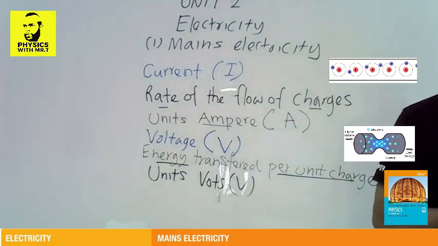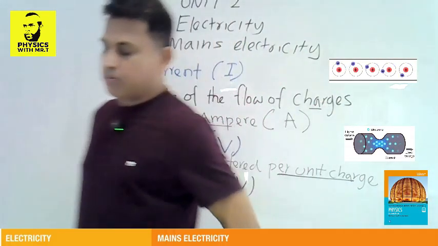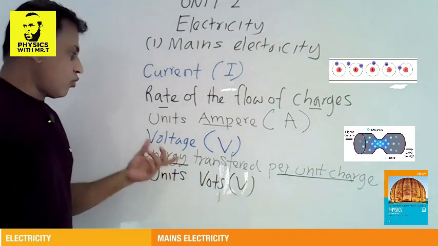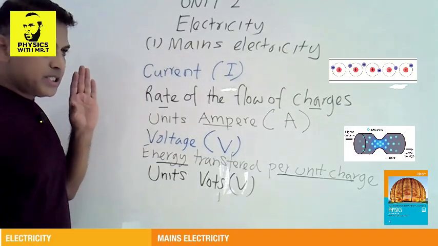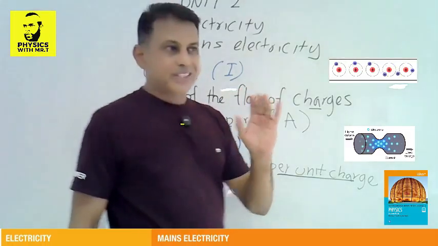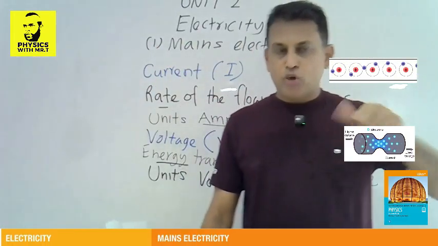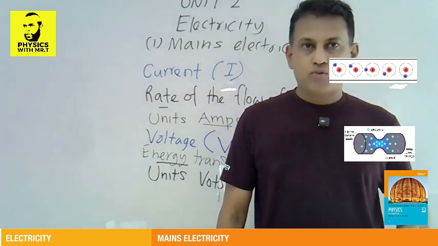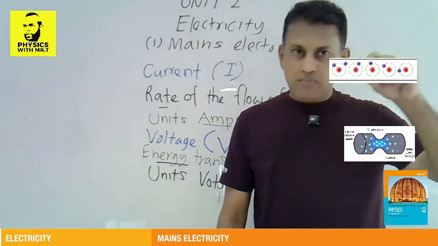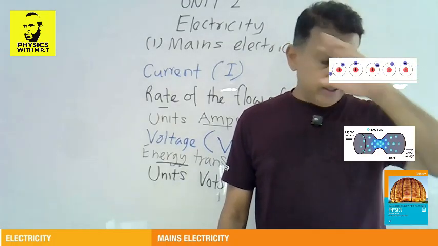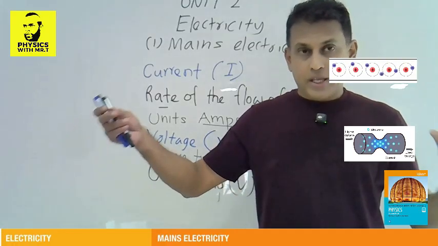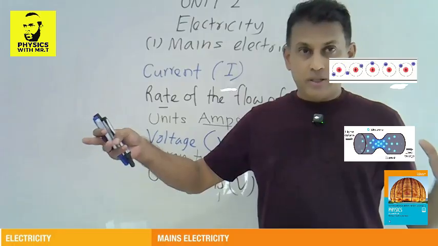Basically we can understand both concepts, the current and voltage. The current is a flow of charges. Just consider the tap and the pipe. When you open the tap, the water starts to flow. Consider water as electrons and the pipe as the medium, and voltage is the pressure difference between one point and another point. The higher the pressure, the higher the water flow.